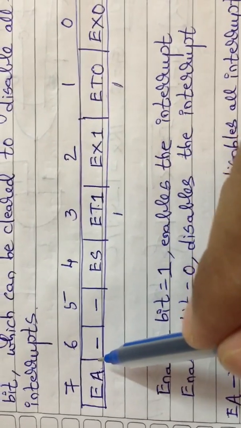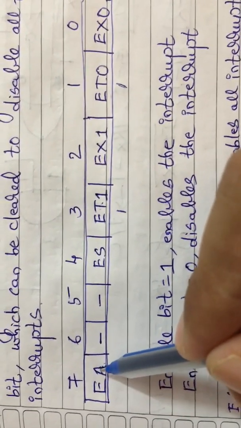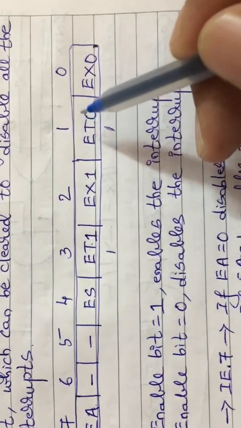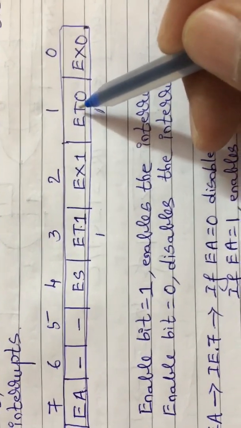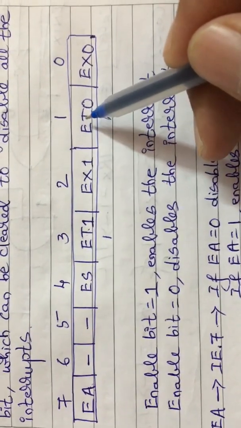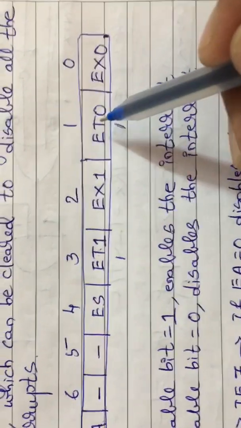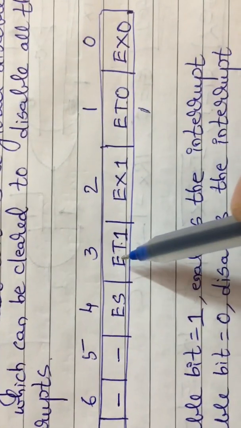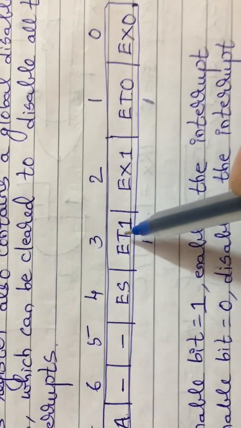And the most important one is we have to make EA equal to 1, because it looks after all the bits. Before writing the program, we need to make the particular bit equal to 1.